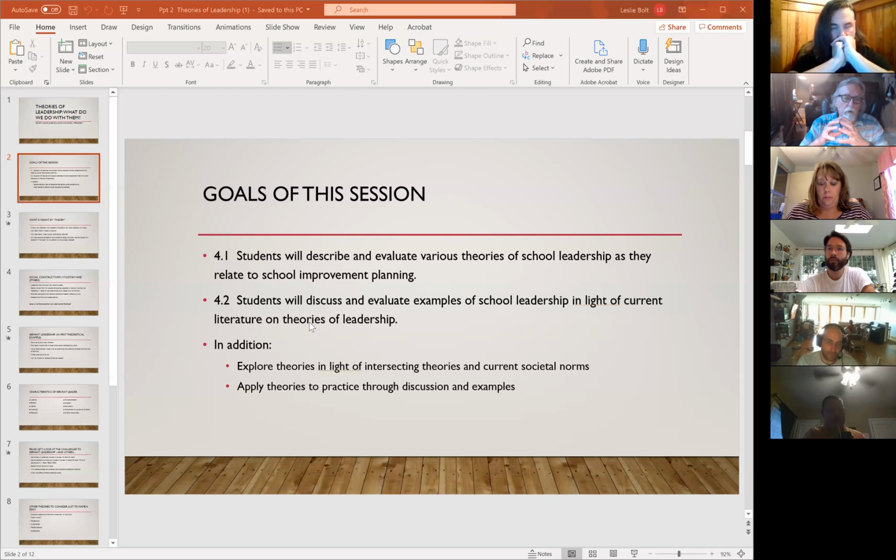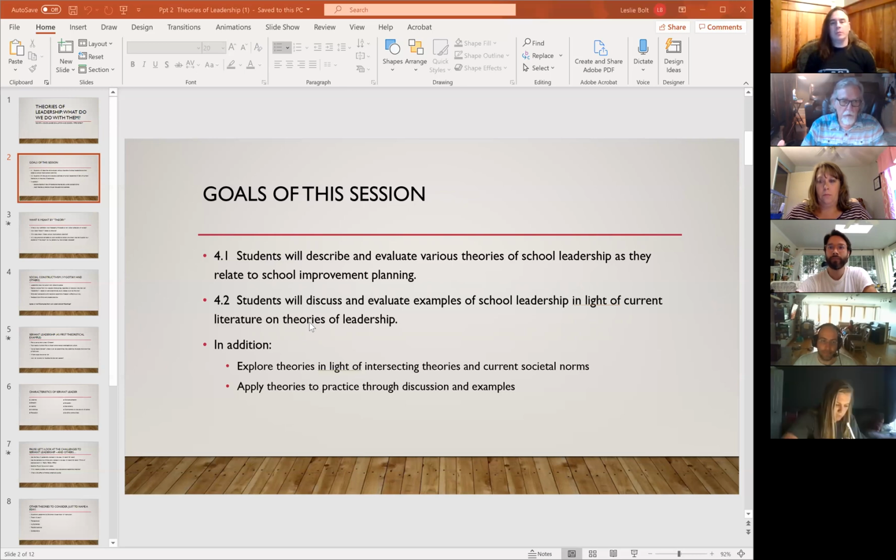The two goals of this session and the next session will have you think about how you feel about various theories of school leadership as they might be useful or relate to school improvement planning, and also to talk about what you have learned, or what you're being taught, or what you have read about leadership, and put the more formal discussion of theories in relation to those notions.